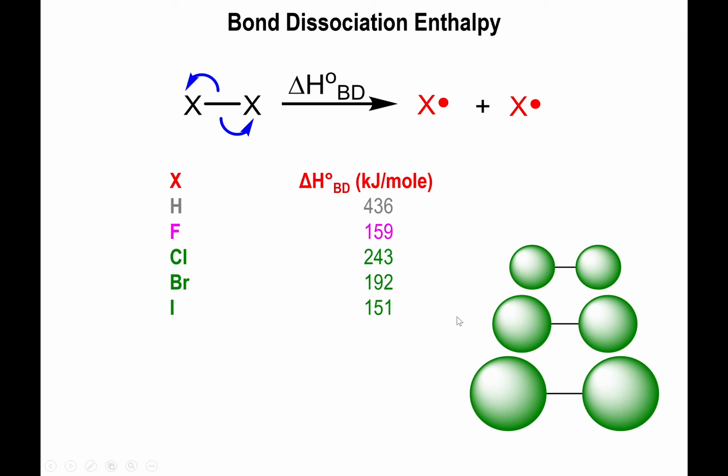Okay, so you may ask at this point, well, what's going on with the fluorine? Why is it that it has a lower bond dissociation enthalpy than the heavier and larger halogens? Well, the reason is that even though the fluorine-fluorine bond is smaller, and in essence that is making the bond stronger, because it is smaller, and because each one of those fluorines has 3 lone pairs, the fact that you're bringing them in really close proximity compared to the other halogens means that you have some serious electron-electron repulsion from adjacent lone pairs.